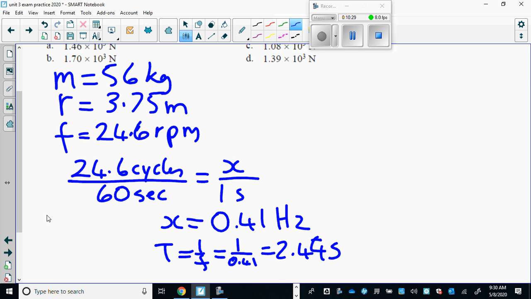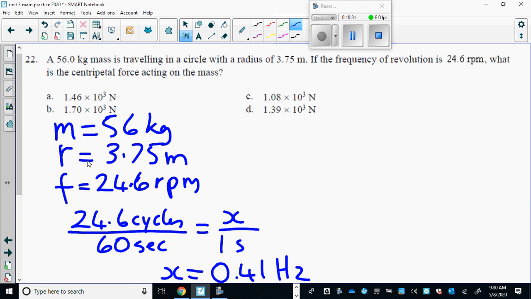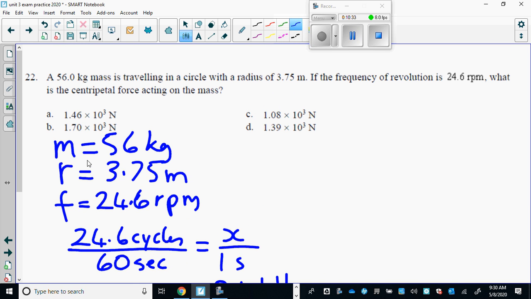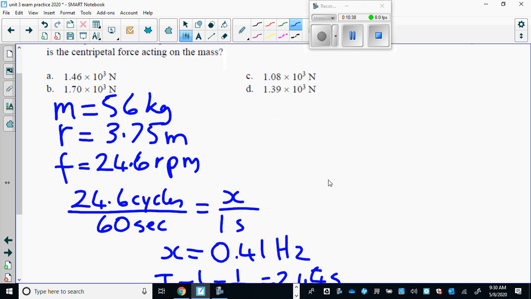Okay, anyway, now back to the question. What's the question asking? What is the centripetal force acting on the mass? So what formula do we have for centripetal force? This is it. It's not on your formula sheet, but it's a formula that you should memorize because you'll use it again and again in physics 20 and 30.